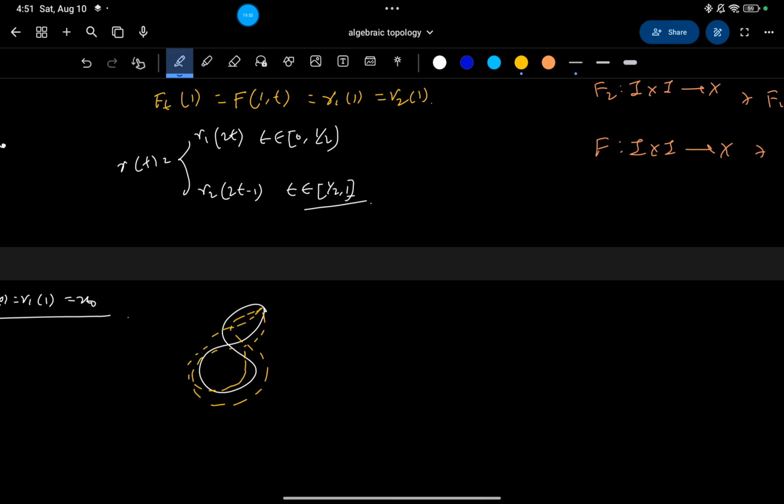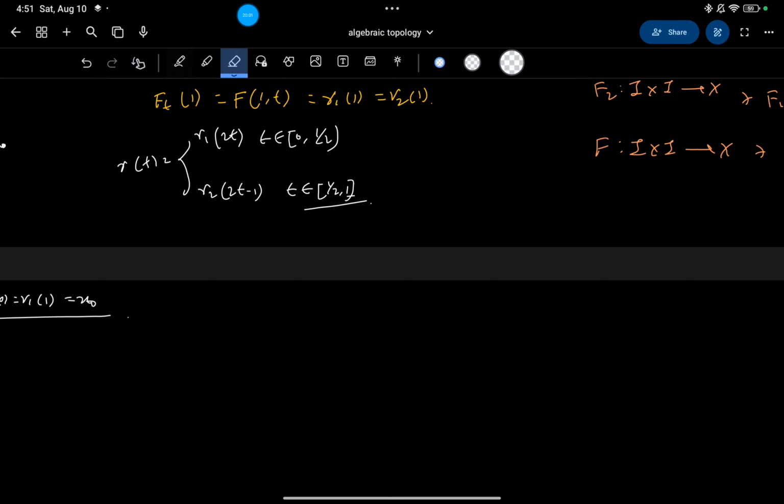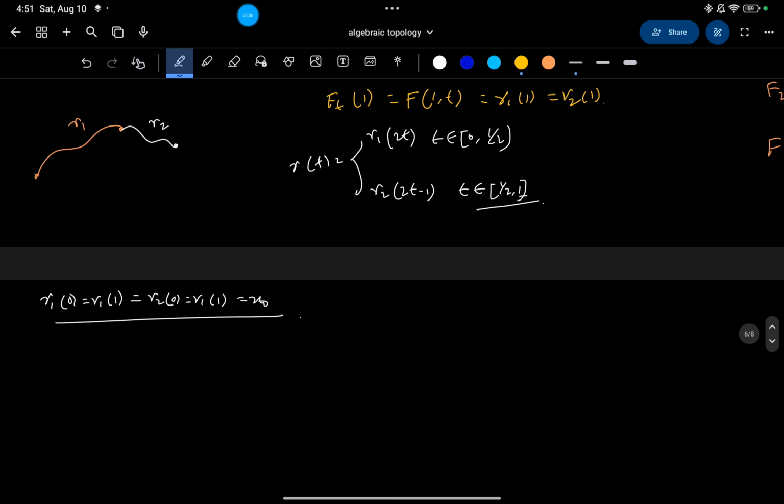This is how we can define homotopy maps. Now the collection of all homotopy classes of loops based at x naught is said to be the fundamental group based at x naught, that is pi 1 of x comma x naught.